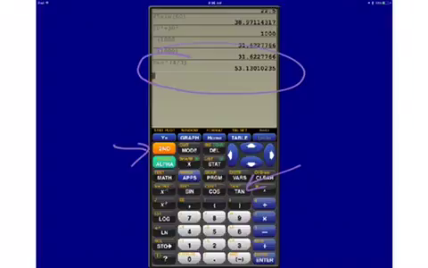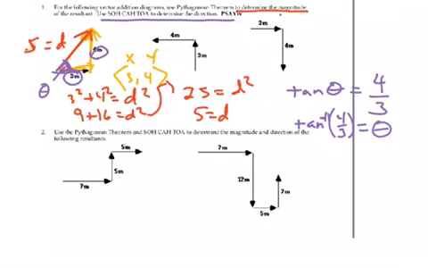On the iPhone, you turn it sideways, and it'll have these functions. If you have an Android, there's also another way. So, depending on the phone or calculator you have, it will be a little different. But in any case, we end up getting tan inverse to be 53. So, the angle is roughly 53 degrees. Okay?